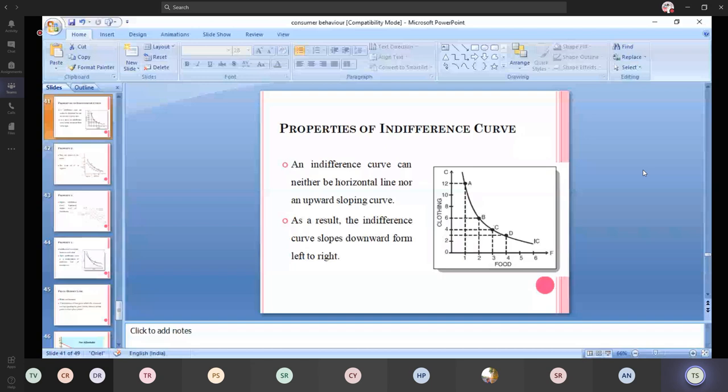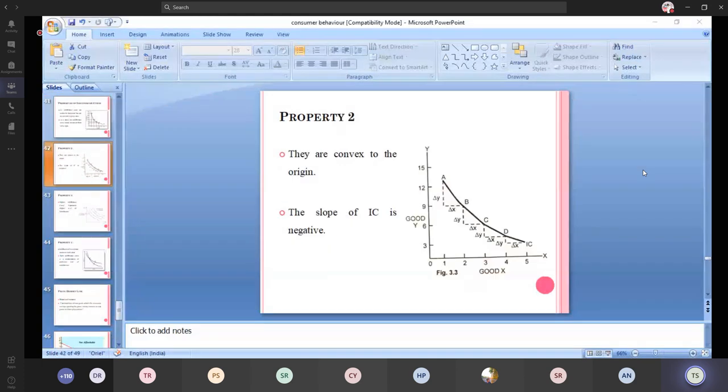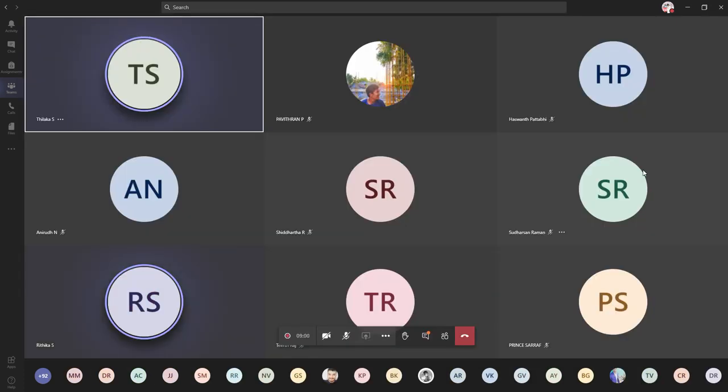Is it clear? Yes. Property 2, is it visible? Yes, ma'am. Ma'am, have you stopped sharing? The PPT is not visible. Okay. Just a minute.